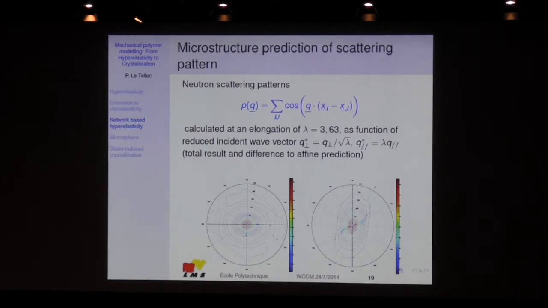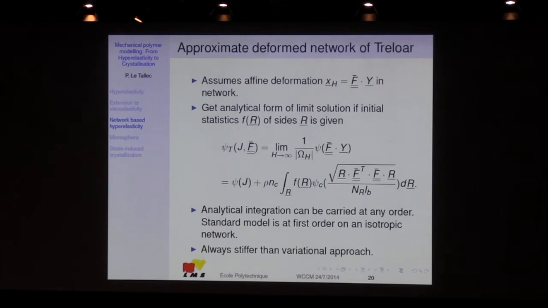Affine assumption, why is it interesting to compare to it? Because the affine assumption was the first one which was used by Treloar. In order to compute the energy, he simply said that the position of the links should follow the macroscopic motion. That means a piecewise linear variation at the scale of the sample.